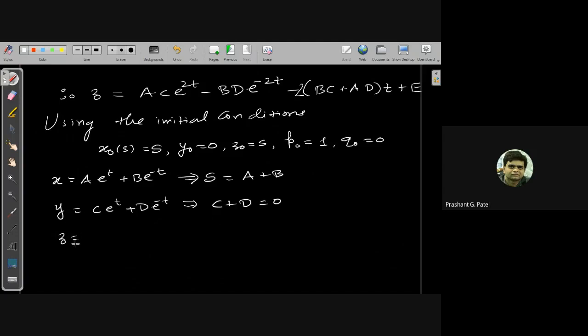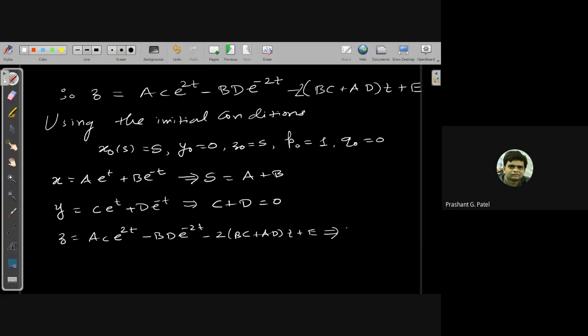We have z, which holds this value, and using that we can get z0 is s. I'll not write everything, but let me write: ac e^(2t) minus bd e^(-2t) minus 2(bc plus ad) t plus e.